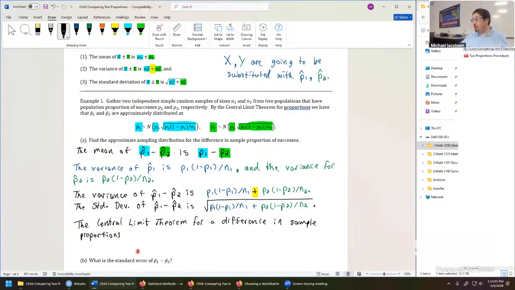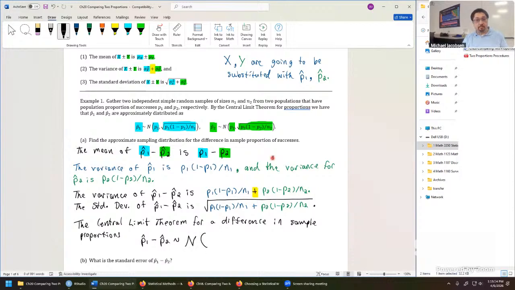When we say that central limit theorem, all we're really saying is what the approximate sampling distribution will be for the difference in those sample proportion successes, p hat 1 minus p hat 2 once again. So here's how it goes. We take p hat 1 minus p hat 2 is distributed approximately normally.